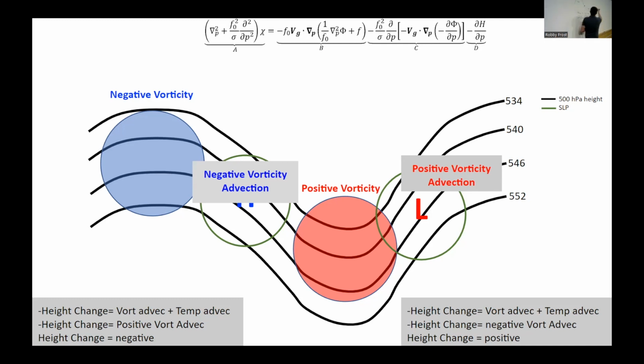Okay, let's do it on this side. All right, so here's our point now, point 2. What kind of vorticity do we have at the bottom of the trough? Positive. If our winds are blowing that way, is the vorticity increasing at point 2 or decreasing with time?